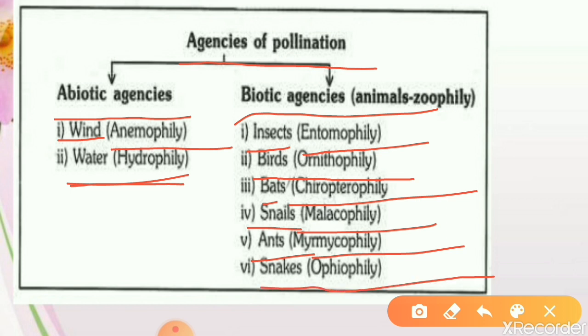In all these cases, these biotic agencies and non-biotic or abiotic agencies help in cross-pollination. Is it clear?